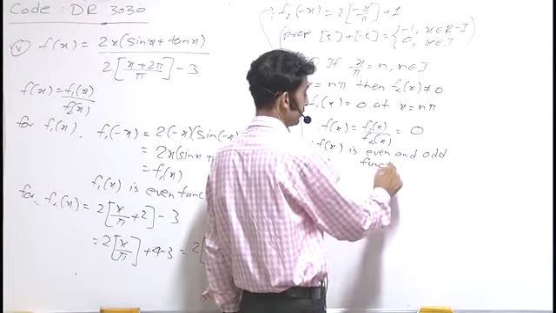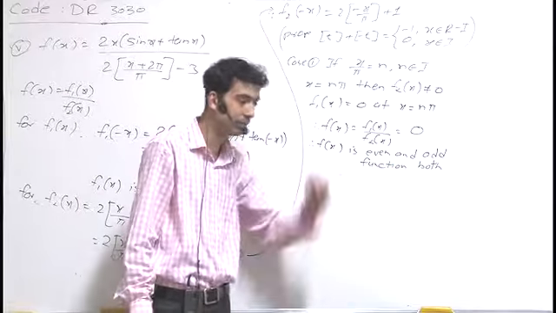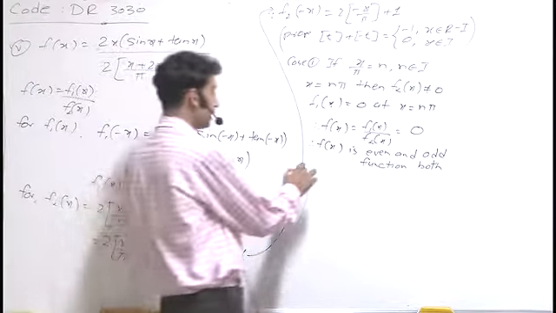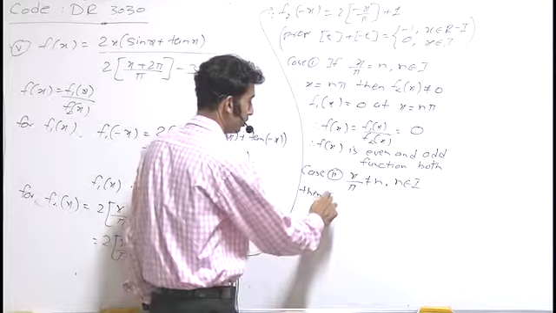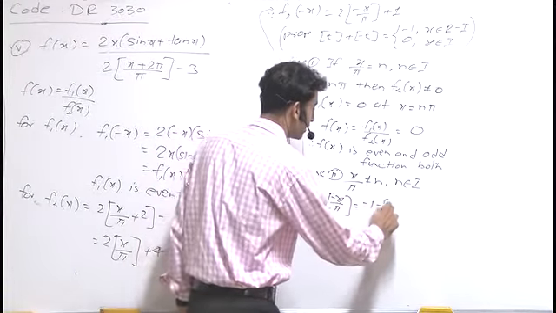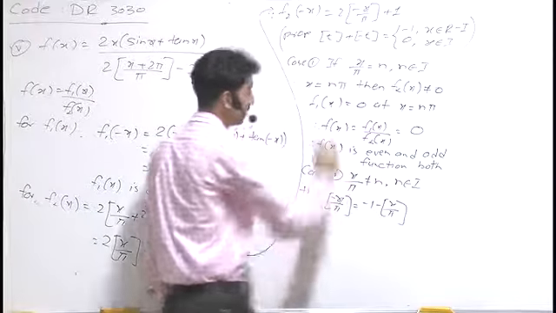Now if we take case 1, x/π equal to an integer, then f(x) is equal to 0. If f(x) is 0, then f(x) can be said to be an even function as well as an odd function at the same time. In case number 2, if x/π is not equal to an integer n, then [x/π] + [-x/π] can be written as -1 with the given property.